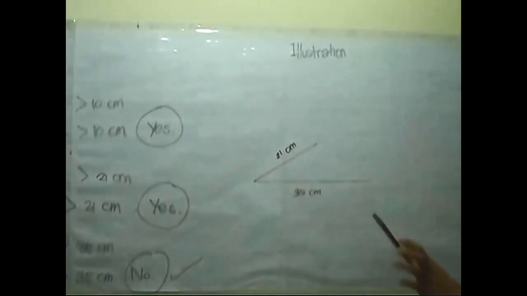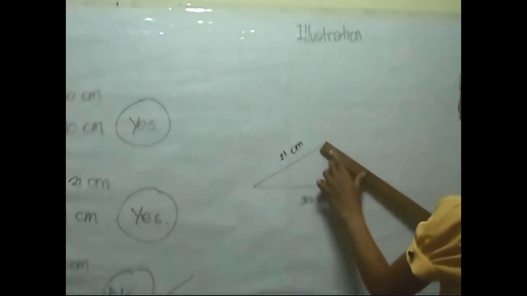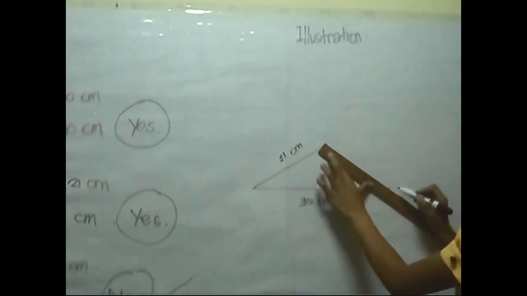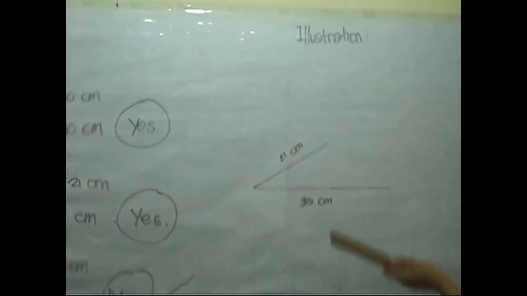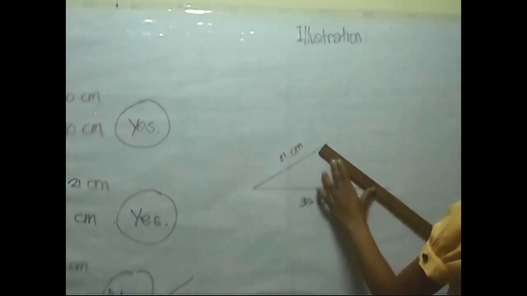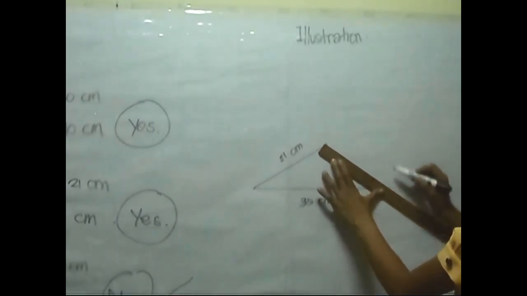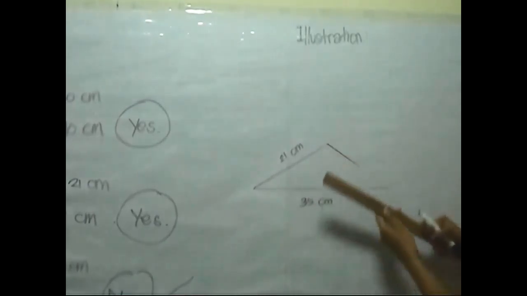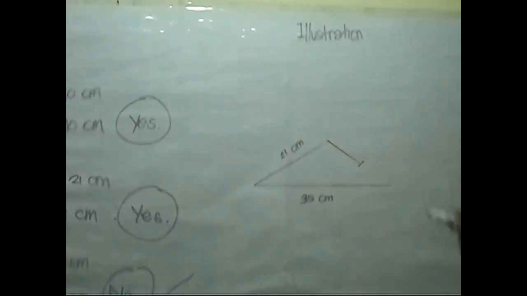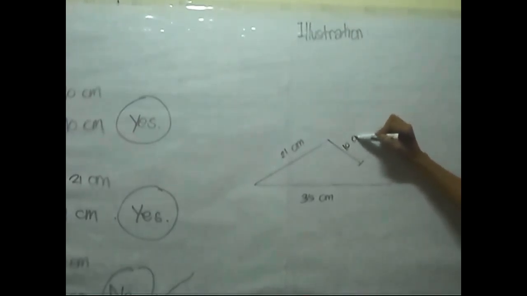And lastly, 10 centimeters. So from here, we need to get there. But since it is 10 centimeters, we cannot reach here. We only stop here. So therefore, this is our 10 centimeters.